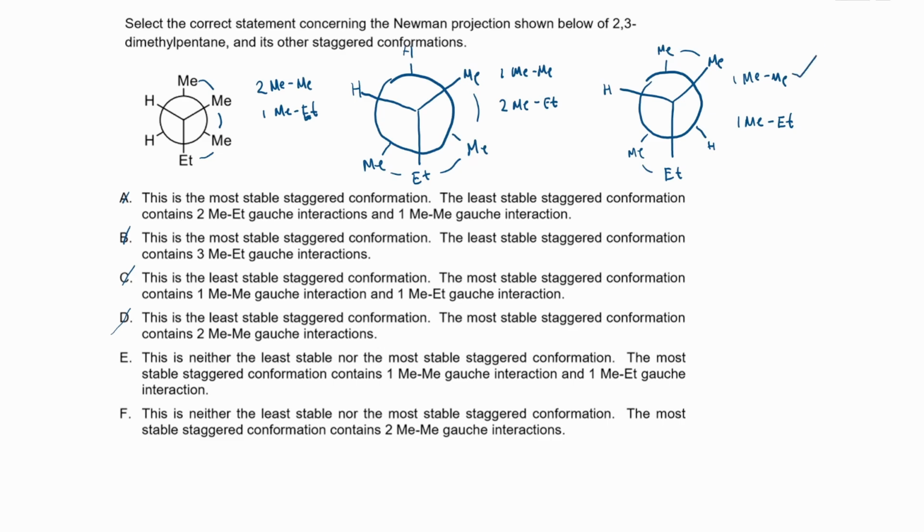And 1 methyl-ethyl. Alright, so it looks like E is correct. But let's look at F. This is neither the least stable nor the most stable staggered conformation. The most stable staggered conformation contains 2 methyl-methyl gauche interactions. That's incorrect. There's only 1, and a methyl-ethyl. So E is going to be the correct answer for this question.